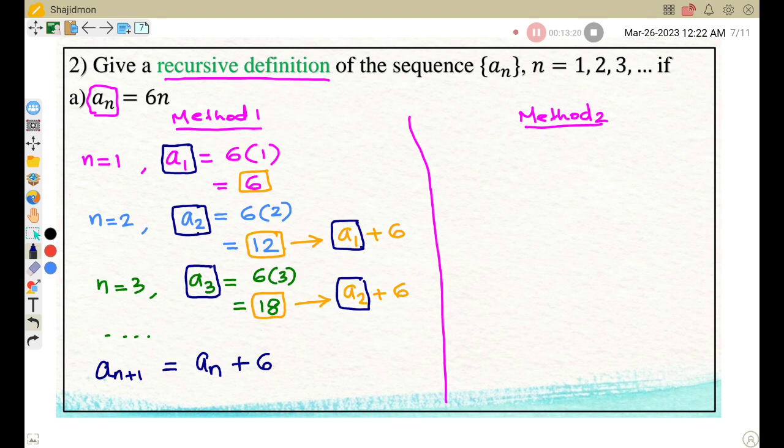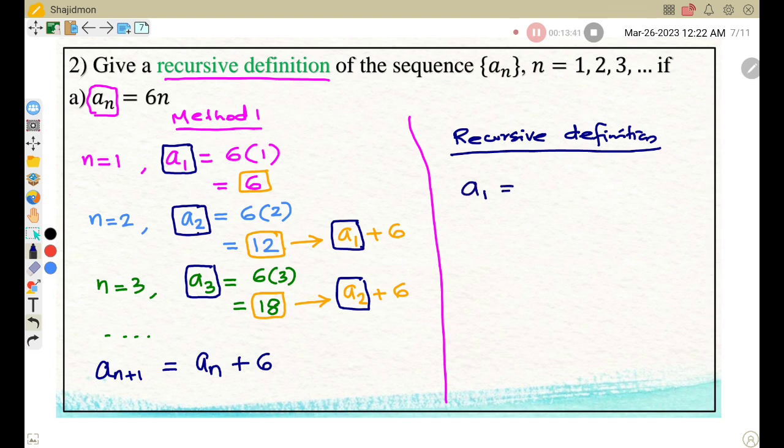So how to write the recursive definition now? We can write the recursive definition. I am writing here: recursive definition. How to write? A recursive definition has two parts. First write the base case. What is the base case here? a1 equal 6.